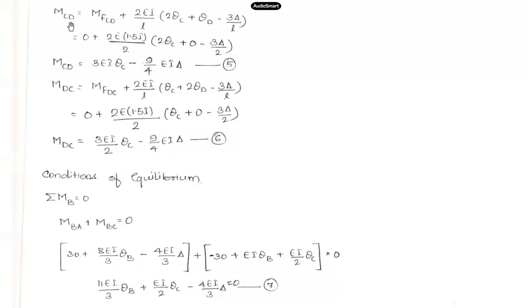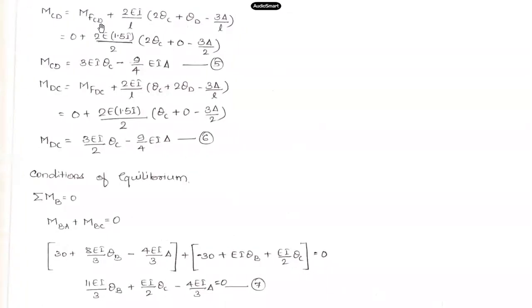So MCD. Now I'll write the slope deflection equation for MCD. It will be MFCD plus 2EI by L into 2 times theta C plus theta D minus 3 delta upon L. This is the same, no change in the slope deflection equation. Only thing is you need to identify whether displacements are there or they are 0. Joint C is allowed to rotate, so theta C will exist.